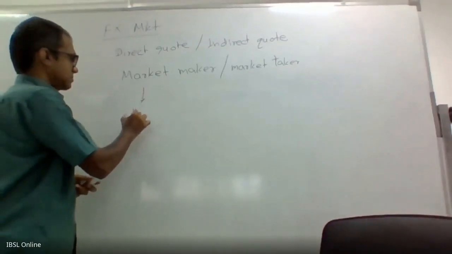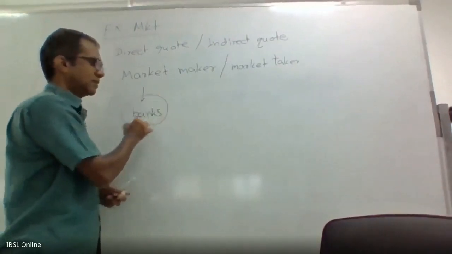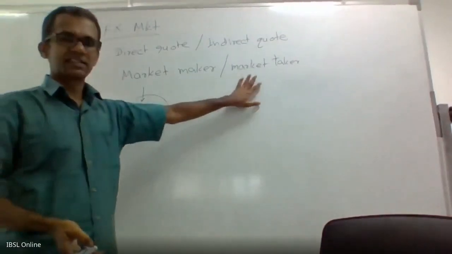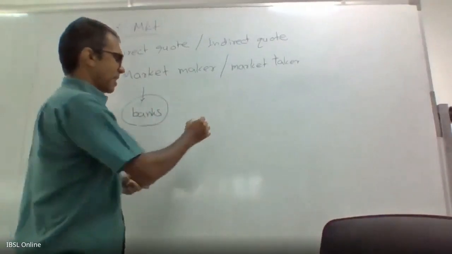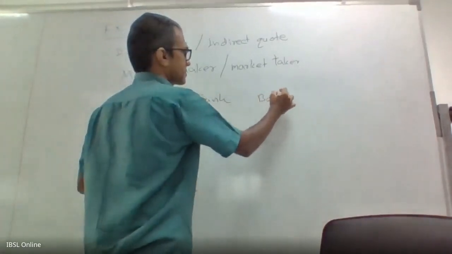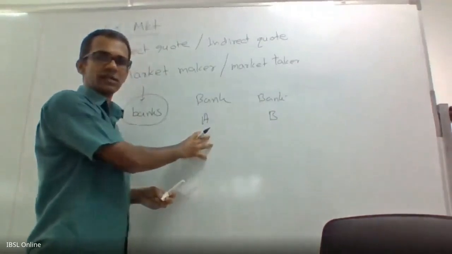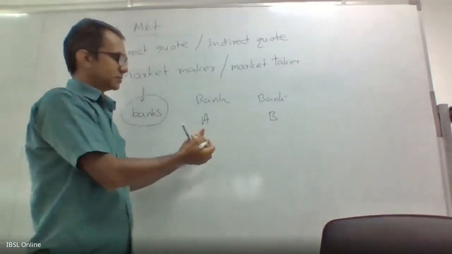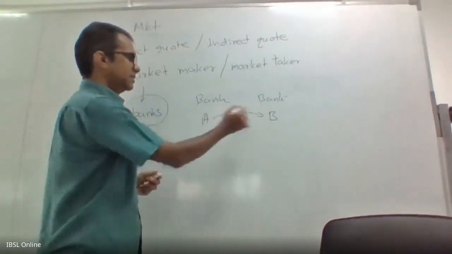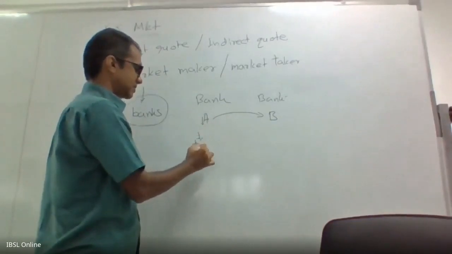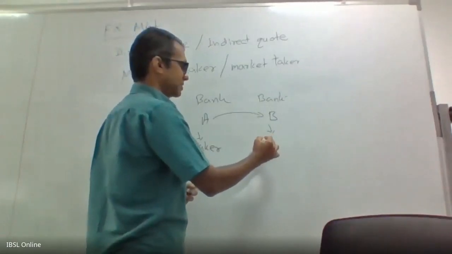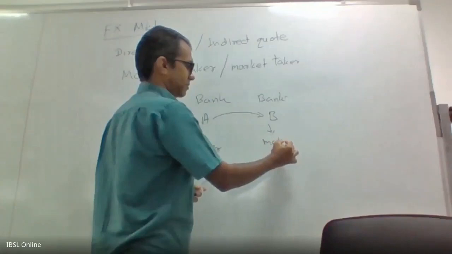Most of the time, banks are market makers, but sometimes banks act as market takers as well. Bank A and Bank B, two banks. Bank A wants to buy or sell foreign exchange. So Bank A may contact Bank B and ask for a price. In that instance, Bank A is the market taker, since Bank B gives the quotes. Bank B is the market maker.